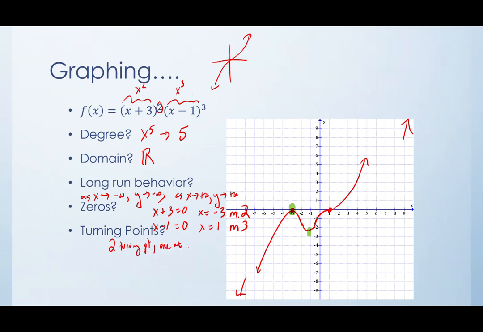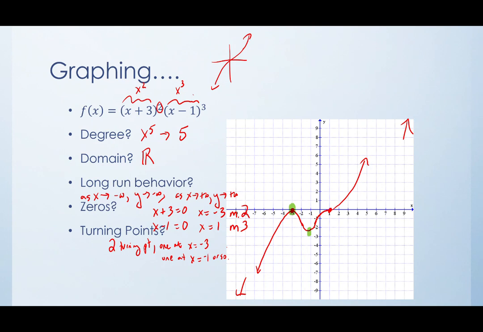One at x equals negative 3, and one at, we're just going to have to guess here, maybe negative 1 or negative 2 or so. We could find that by graphing and using GeoGebra, or if you continue on to calculus, you can find out exactly where those turning points are.